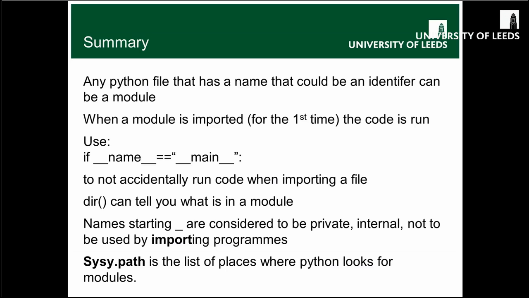Okay, so in summary, in this video, what we've covered is that any Python file whose name is usable as a variable, or could be an identifier, can be a module. You can import a module. When you import it for the first time, the code inside it is run, which means any testing code you put in your module you should protect, by making sure that you're not running it when you're just importing it.